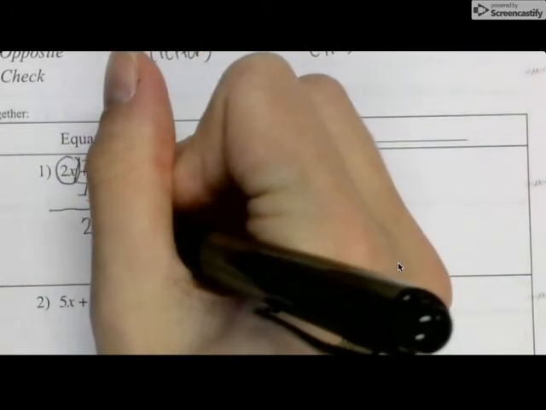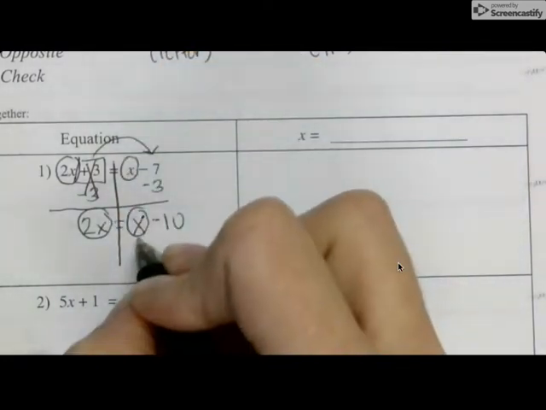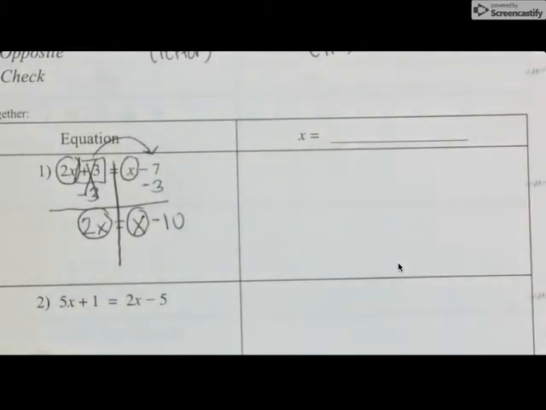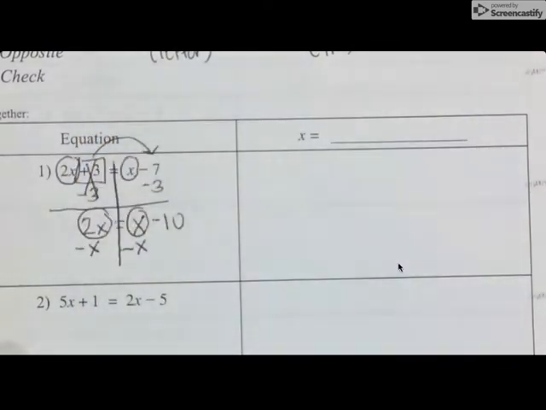Okay? Now, I still have to get my x's to be on the same side. So, just like before, we are not breaking things apart unless they're being multiplied. So just like how we did those welcome work, or that first page of these notes, I want to move the whole term, which means I either have to subtract it or add it.